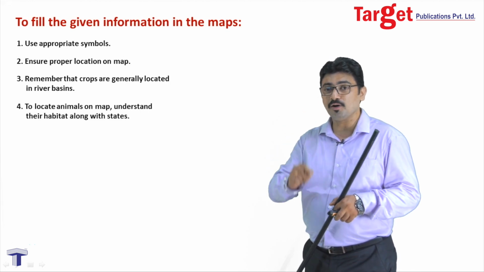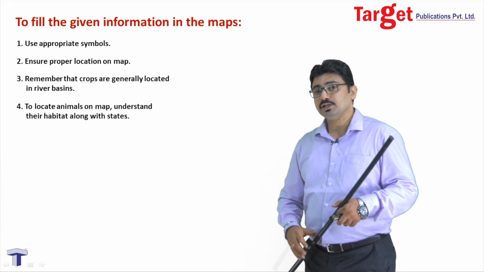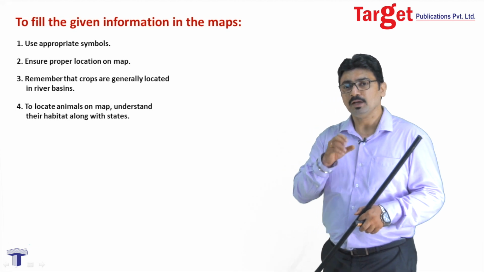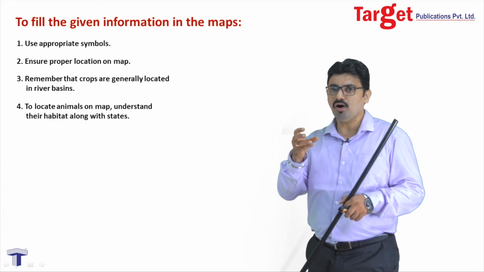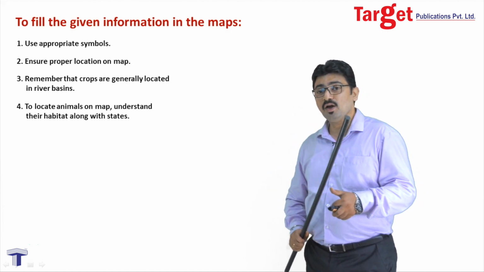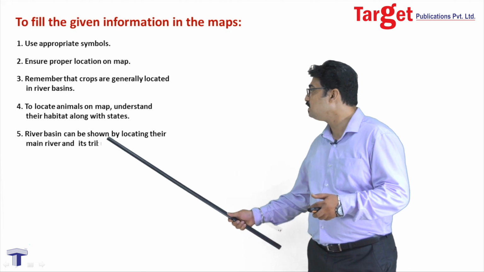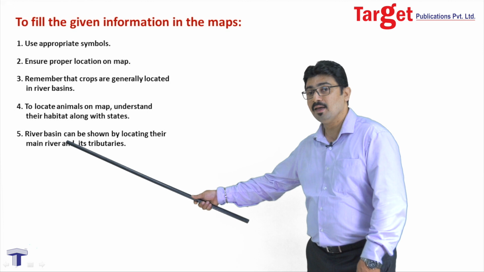Also, to locate animals, you need to understand the habitat of animals. You need to understand whether the animals survive in a colder habitat or require a hot and humid habitat. Accordingly, you can understand which region to be used. Hence, you need to understand the habitat of the animals while locating them on maps.